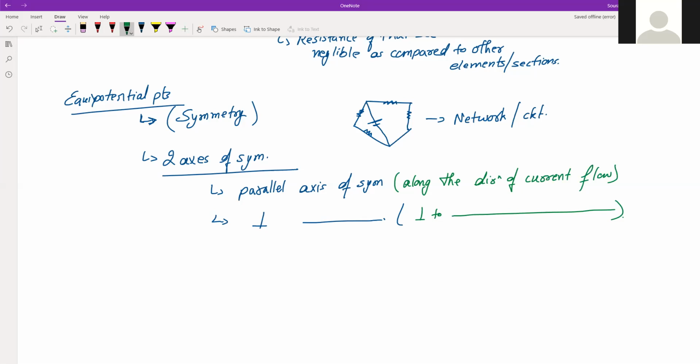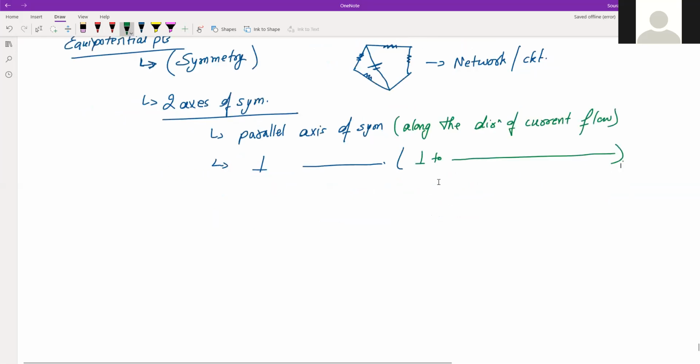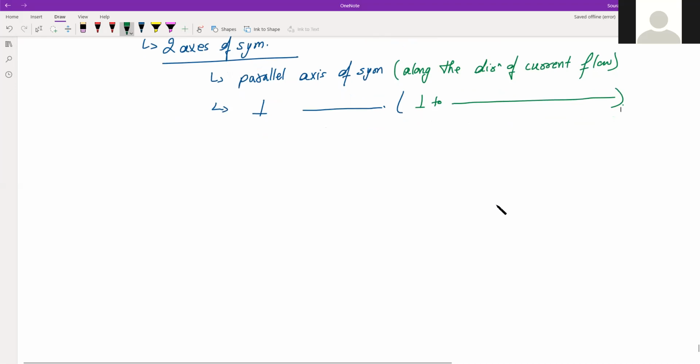Right? So how to identify? Let's see an example of how to identify these two axes of symmetry.